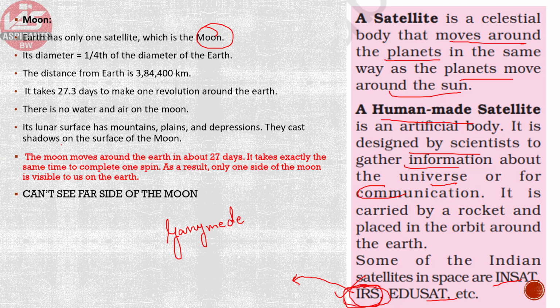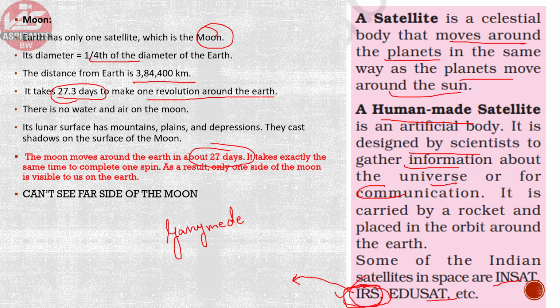Now if we talk about the moon, then of course it is the only satellite of the Earth. Its diameter is 1/4 the diameter of the Earth. Distance from the Earth is 384,400 kilometers, and it takes 27.3 days, or approximately 27 days, to make one revolution around the Earth.